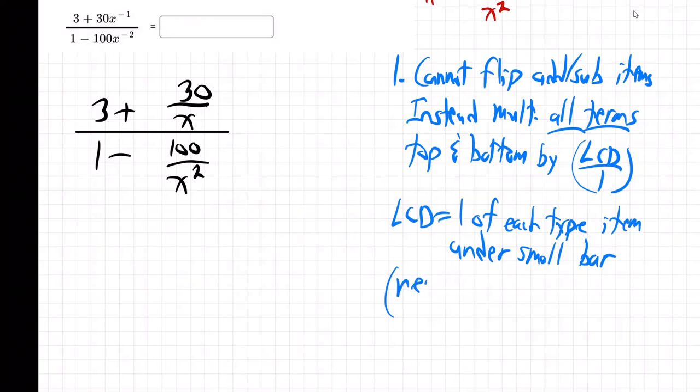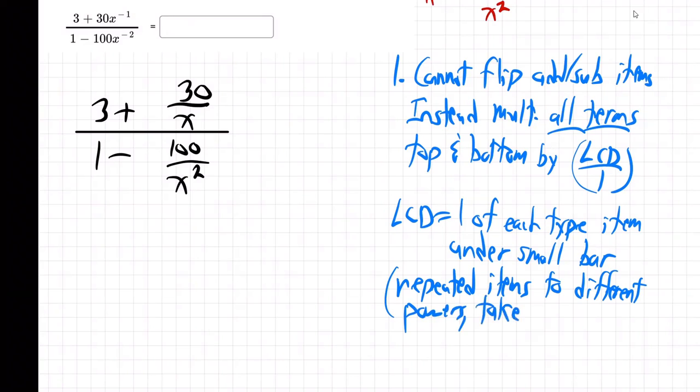Repeated items to different powers, take the highest power. Right? So right here we have an x and an x squared. So I'm going to take the x squared.